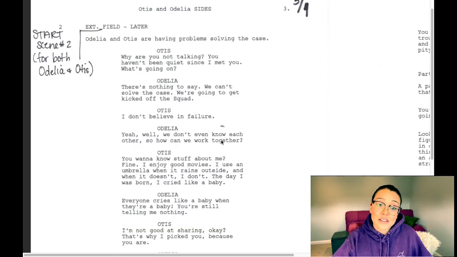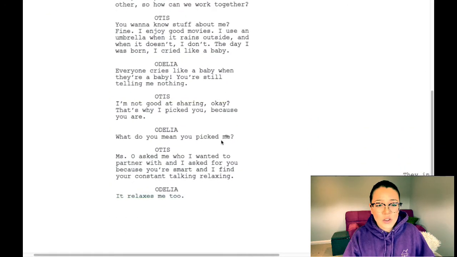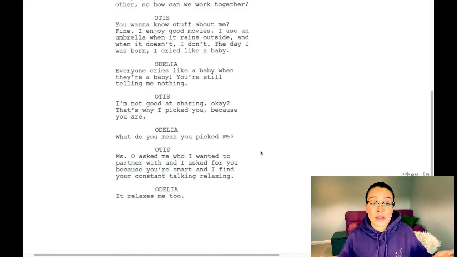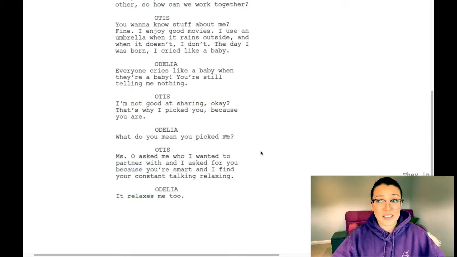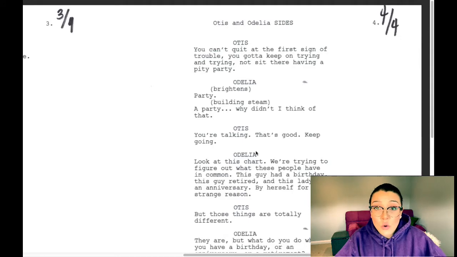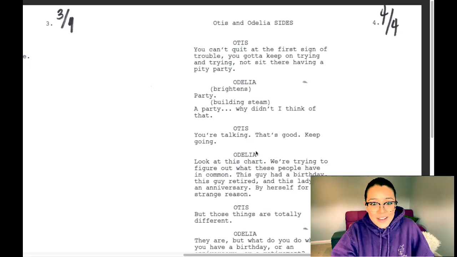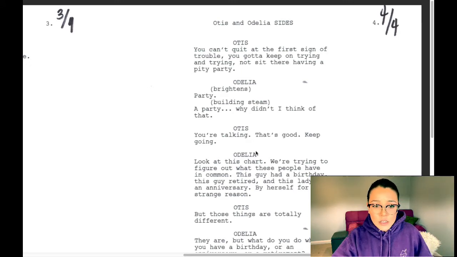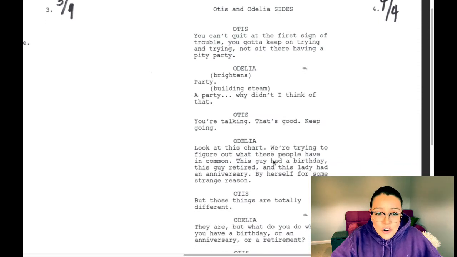I'm not good at sharing, okay? That's why I picked you, because you are. What do you mean you picked me? Ms. O asked me who I wanted to partner with, and I asked for you because you're smart and I find your constant talking relaxing. It relaxes me too. You can't quit at the first sign of trouble. You've got to keep on trying and trying, not sit there having a pity party. Party? A party? Why didn't I think of that? You're talking. That's good, keep going. Look at this chart.